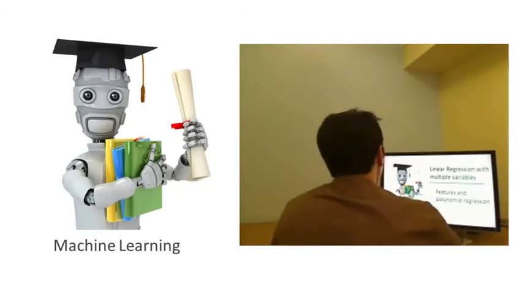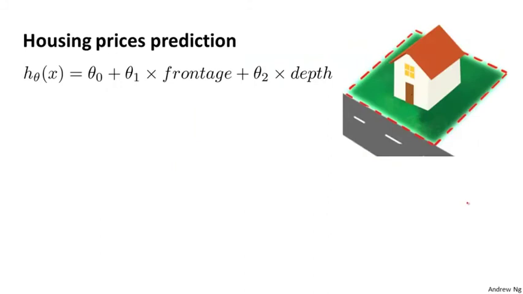Let's take the example of predicting the price of a house. Suppose you have two features, the frontage of the house and the depth of the house. So here's a picture of the house we're trying to sell. The frontage is defined as this distance. It's basically the width of your lot, of this plot of land that you own.